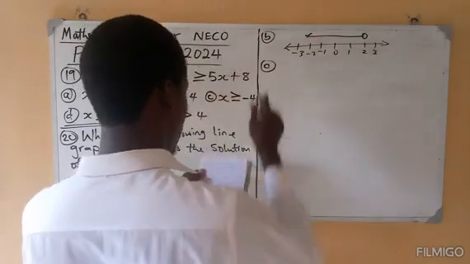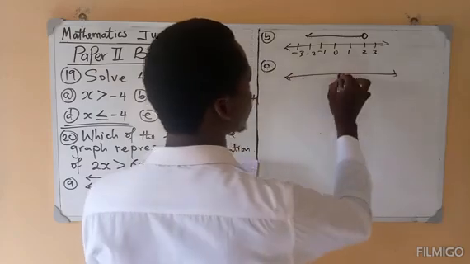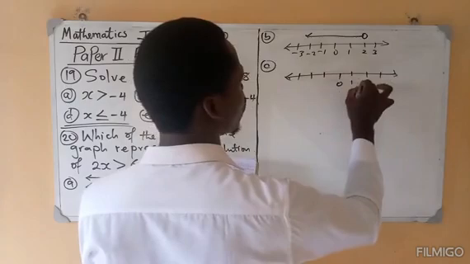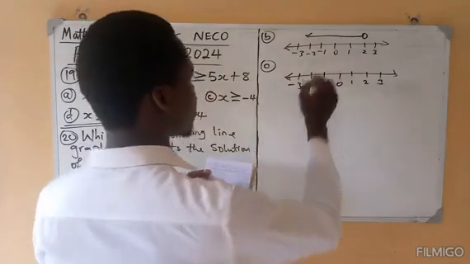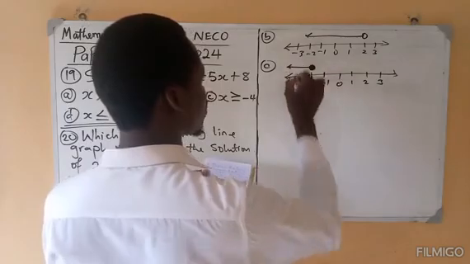C, we have another line graph, and that is from minus 2 to the other side.